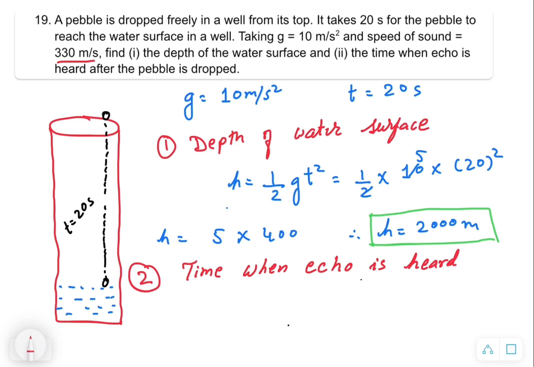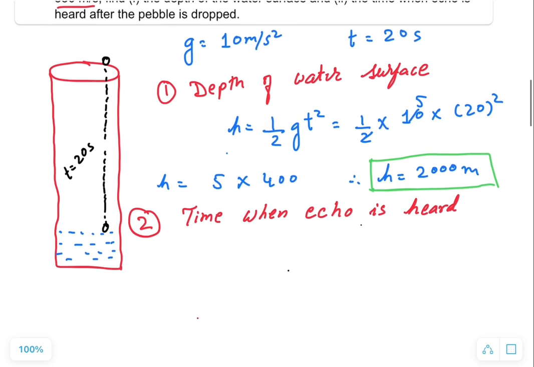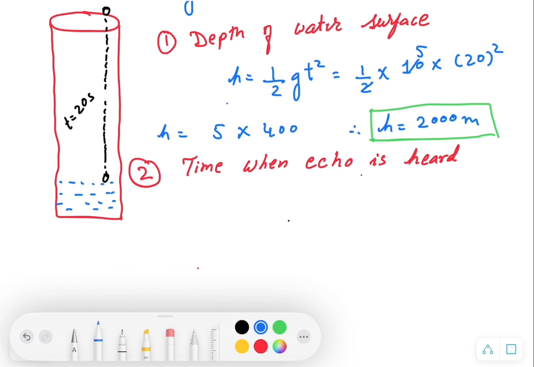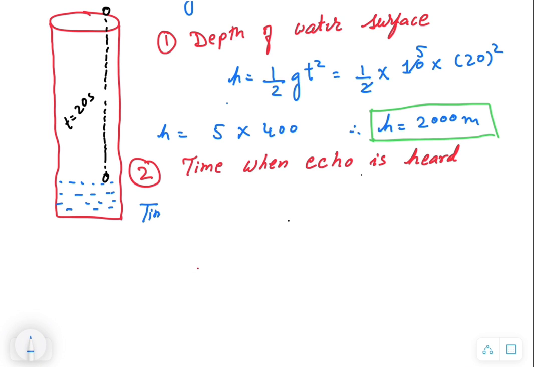The total time consists of the time taken by the pebble to reach the water surface and the time taken by the sound to travel back up to the top of the well. Time taken by the sound to travel up.